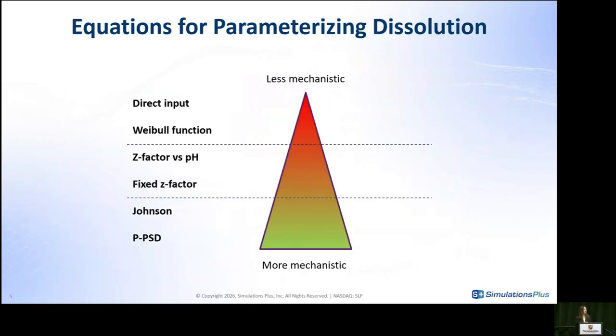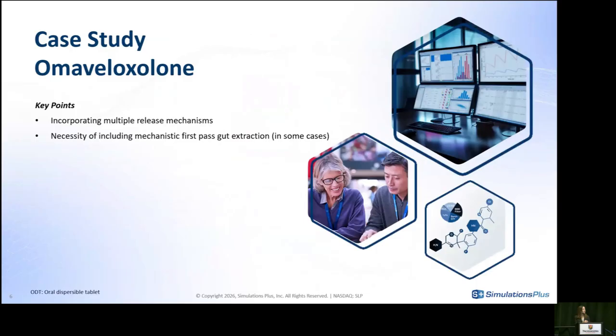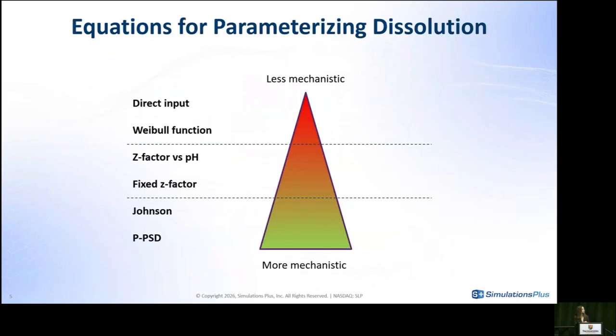The next thing I'd like to touch upon are some of the equations we can use to parameterize dissolution. So this slide shows several options available in GastroPlus. These range from less mechanistic to more mechanistic. And when I say more mechanistic, what I really mean is the examples on the bottom have a much better or more inherent way to actually quantify the impacts of the physiological variables on the dissolution.